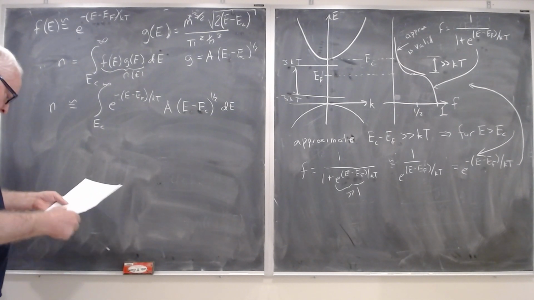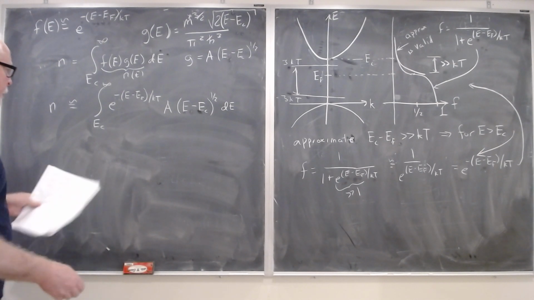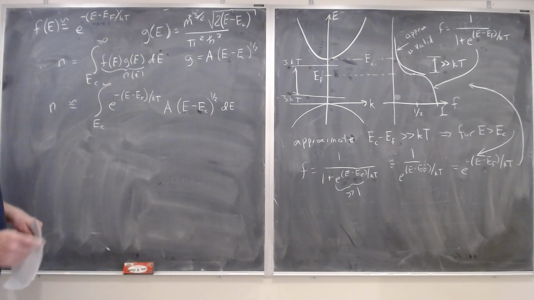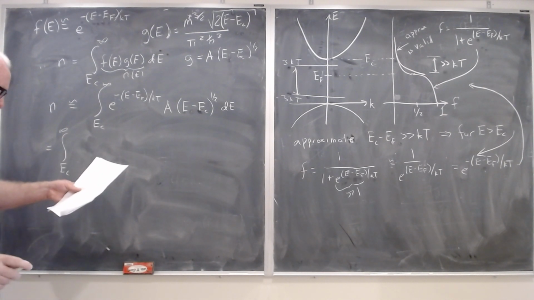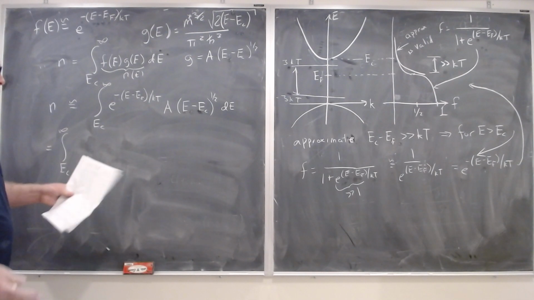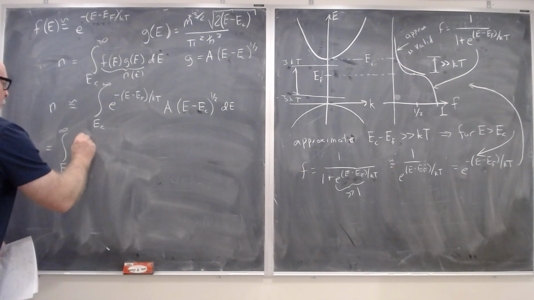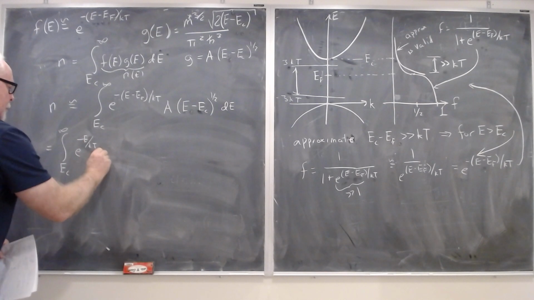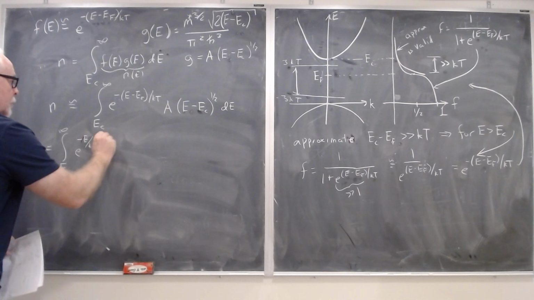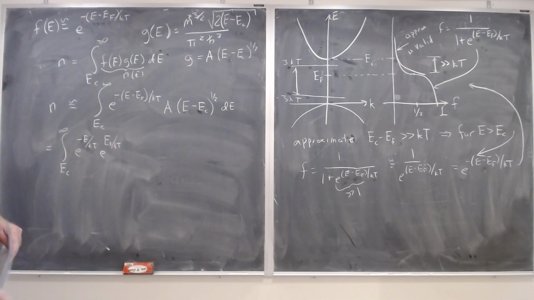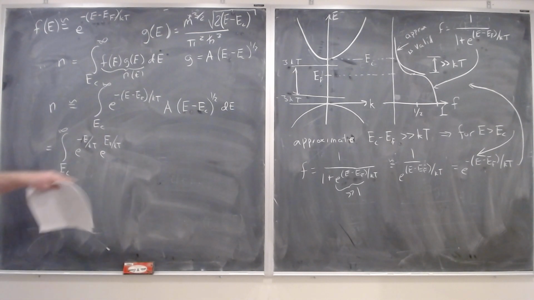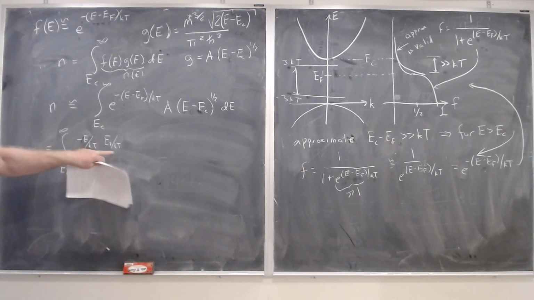The quickest way to get to it: first, we're going to write this integral. Now I am going to break up the exponent, so you can see each part: e to the minus E over kT, e to the EF over kT.